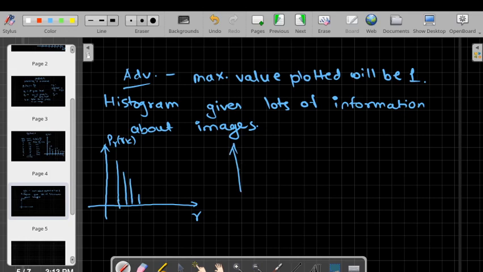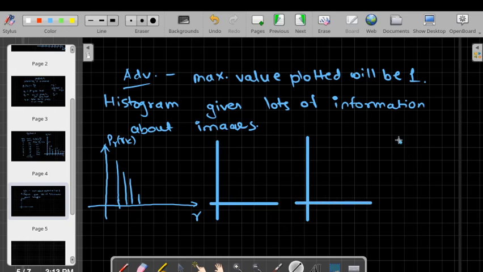For the second case we are having the histogram like this. This one will be the histogram for the third case and this will be the histogram for the fourth case. Four histograms I'll plot here.